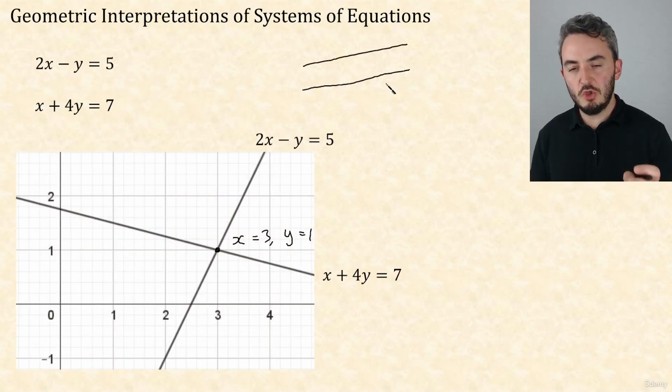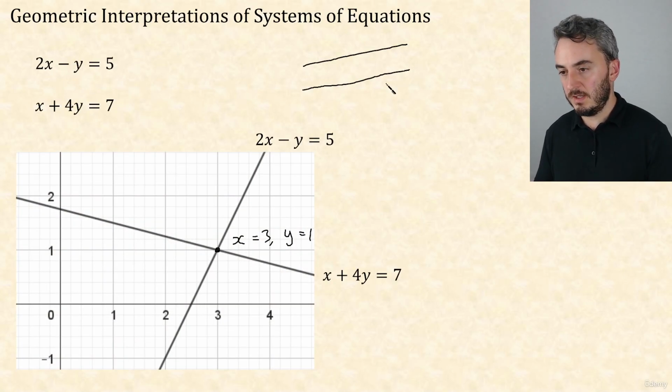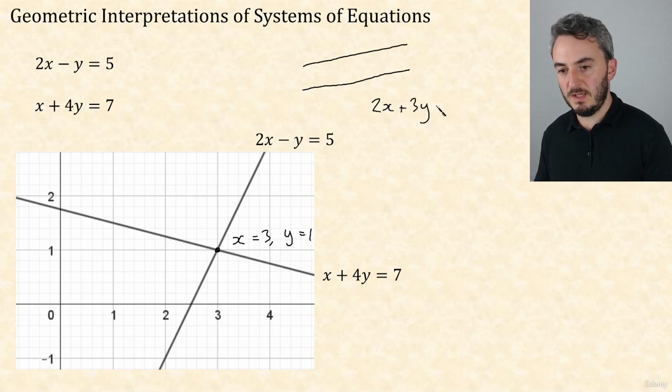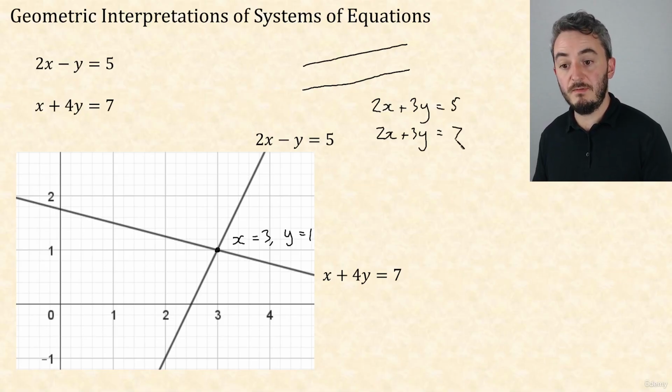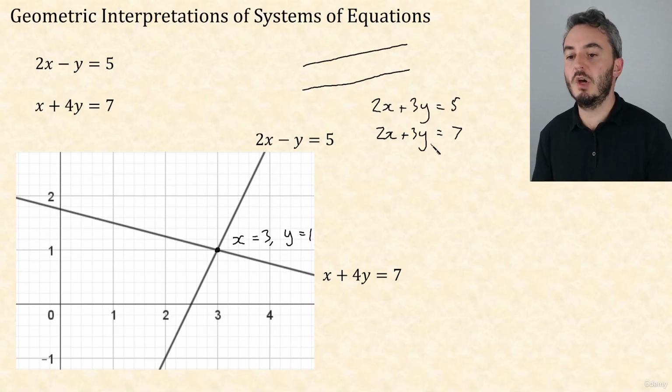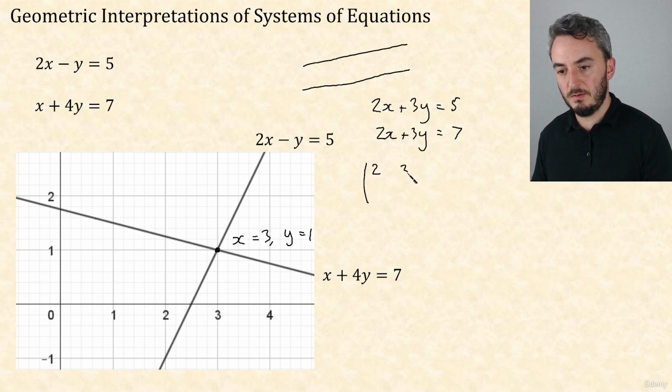Now, what might 2 parallel lines look like in their equations? Well, it would basically be something like 2x plus 3y equals 5, say, and 2x plus 3y equals something else, like 7. These are 2 lines with exactly the same gradient, but they're not on top of each other. Now, if we converted this into matrix form, we end up with the matrix 2, 3, 2, 3, times x, y, equals 5, 7.